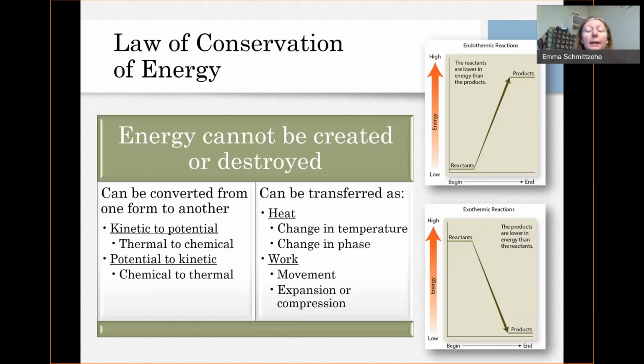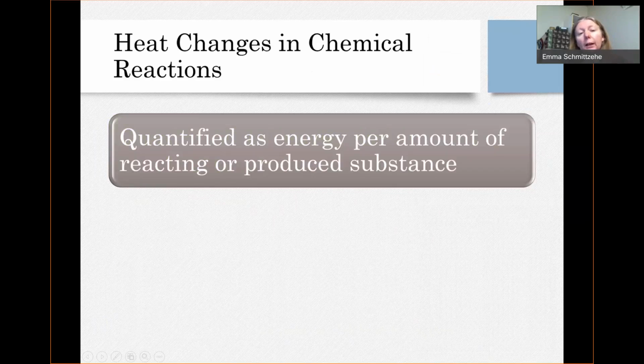Okay, now, if you actually want to quantify the heat change in a chemical reaction, so how much heat is released or absorbed by a reaction, you can do that numerically.